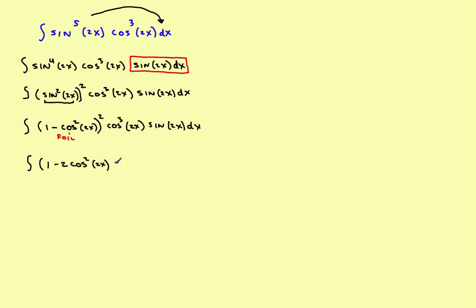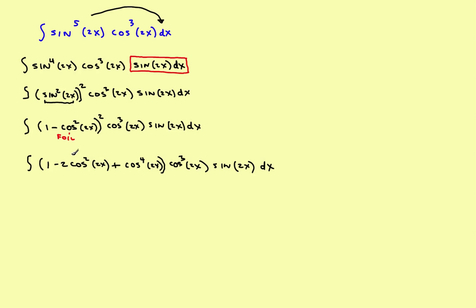And then finally you'll have a plus, and cosine squared times cosine squared will give you a cosine to the 4th of 2x. Then you've still got the cosine cubed of 2x. Then you've still got the sine of 2x dx.